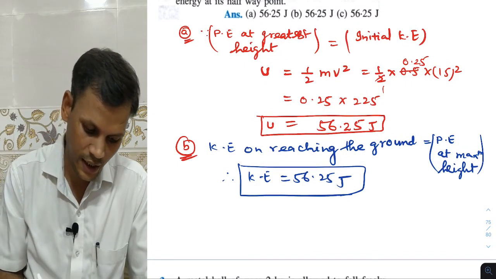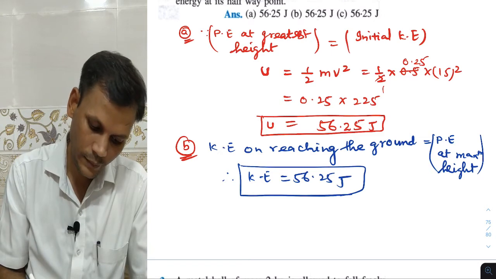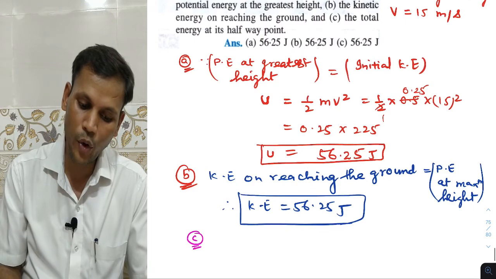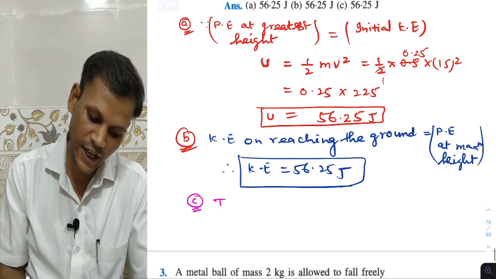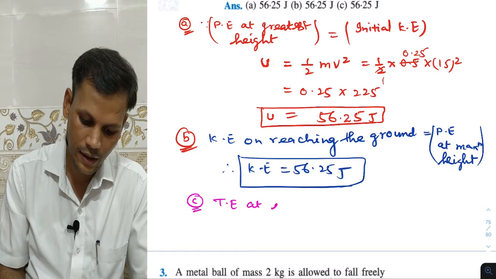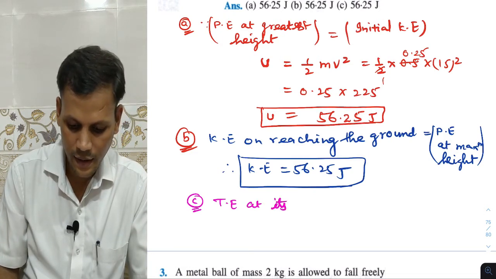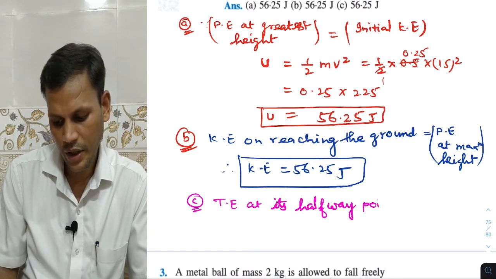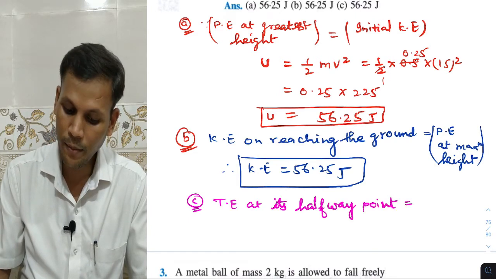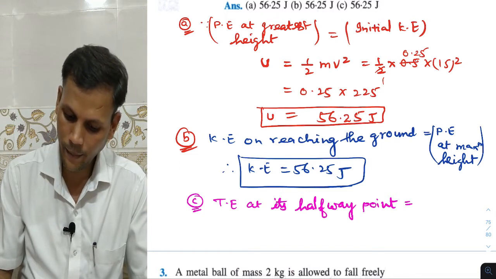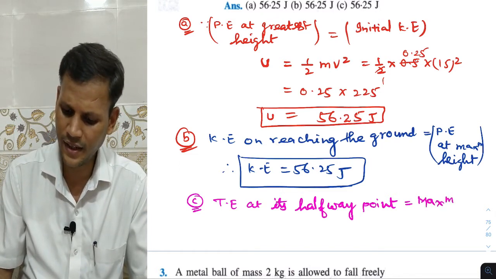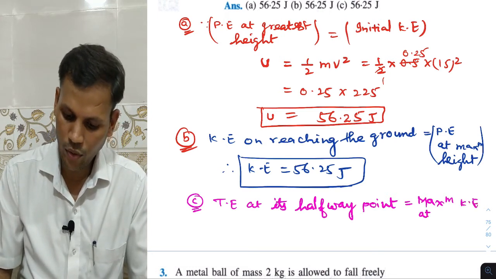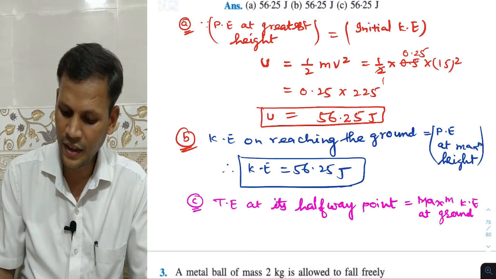We can write in C part, total energy at its halfway point will be equal to maximum kinetic energy at ground, when it touches the ground.